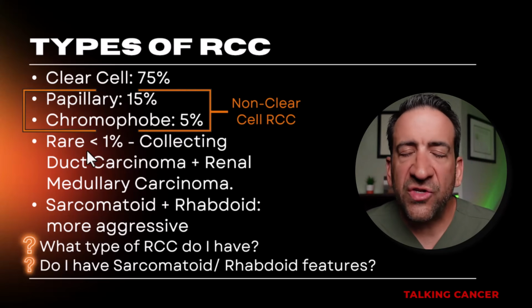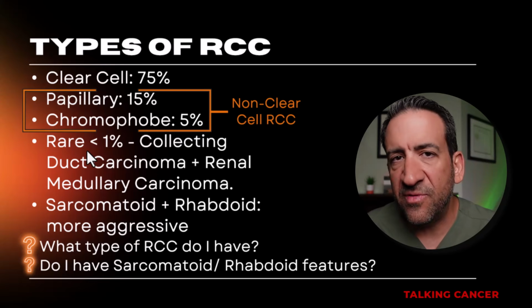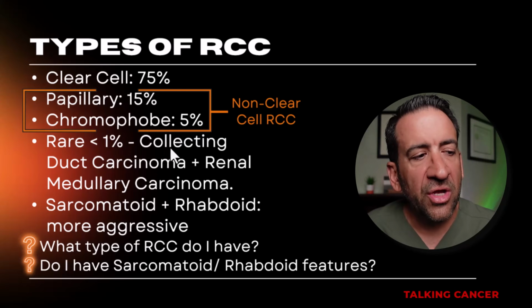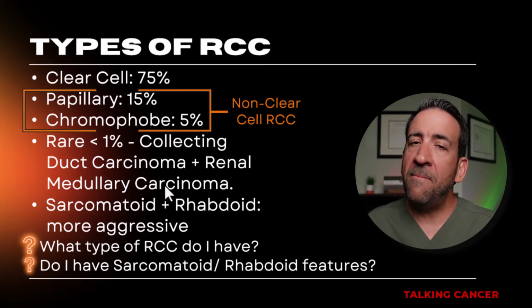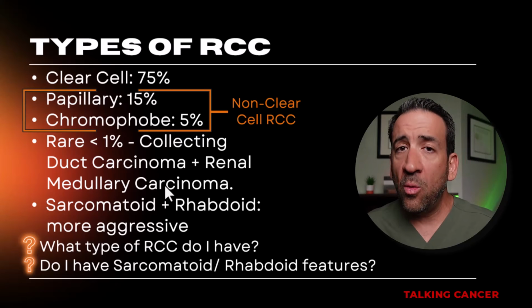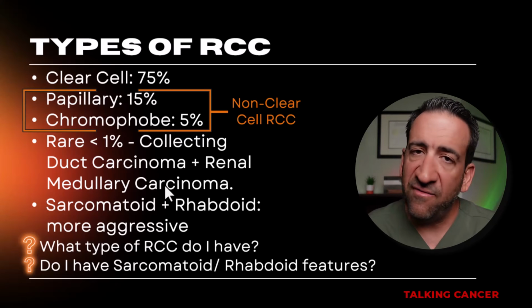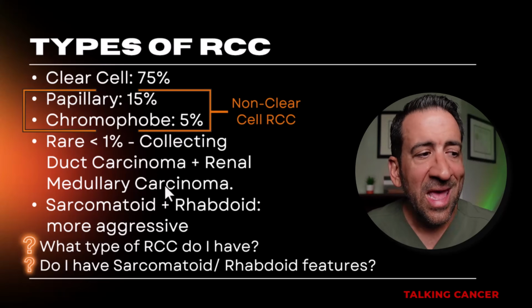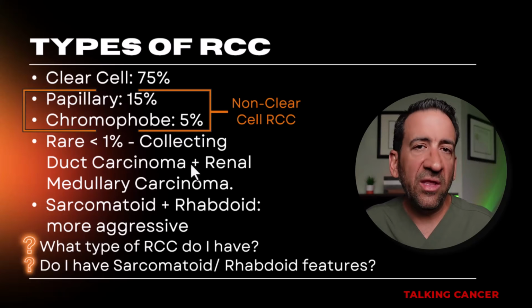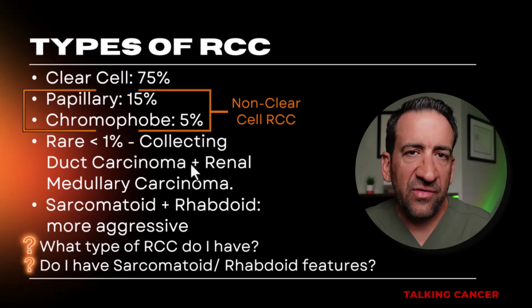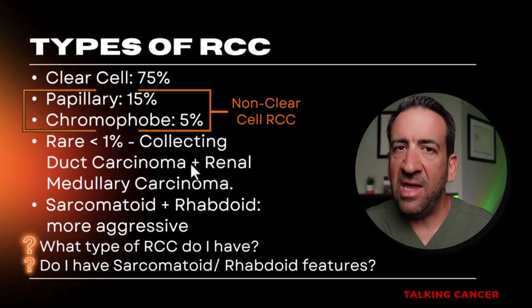Now, there are some very rare types of kidney cancer. One of them is called collecting duct carcinoma. Another one is called renal medullary carcinoma. The only reason I'm mentioning these two is because, out of the rare ones, these are the most common. But again, very rare, less than 1% of cases. And the reason is these are treated differently. So when we get into treatment, if you have one of these, then this does not pertain to you.